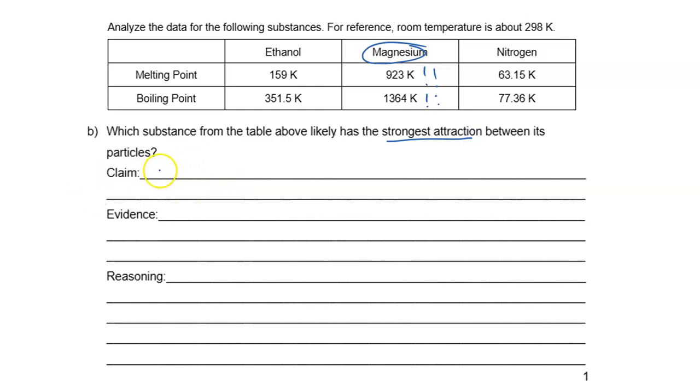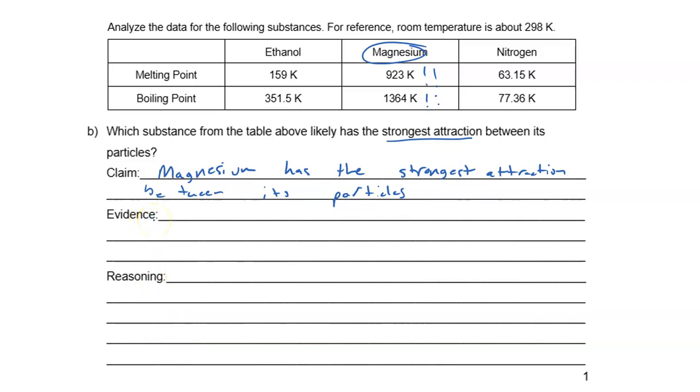So the claim is magnesium has the strongest attraction between its particles. Okay, so again, we're looking for the substance that has the highest melting and boiling points.